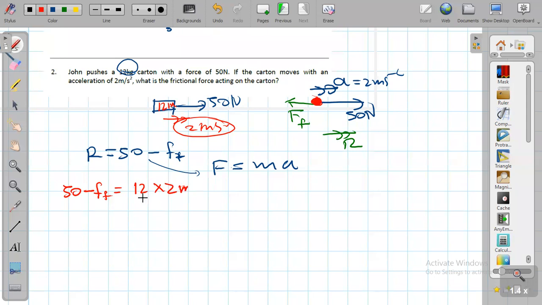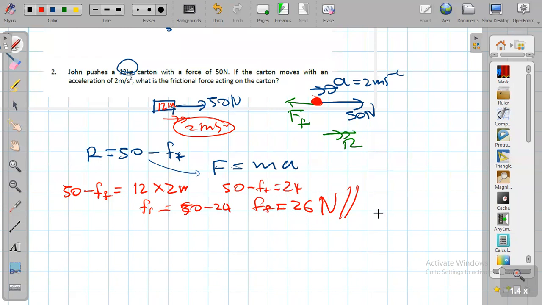So 50 minus F frictional equals 24. Now frictional force is 50 minus 24. Frictional force is 26 Newton. You have to overcome some 26 Newton to get it accelerated.